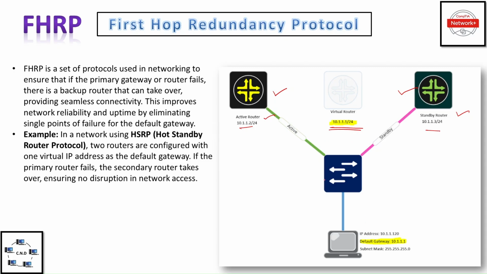So if at any particular time the data travels through the active router, and if the active router fails, the traffic is seamlessly routed to the secondary standby router, which now acts as the primary router. So this way there is a seamless diversion of traffic without any interruption of traffic at the user side, or without changing any IP setting or gateway, etc.